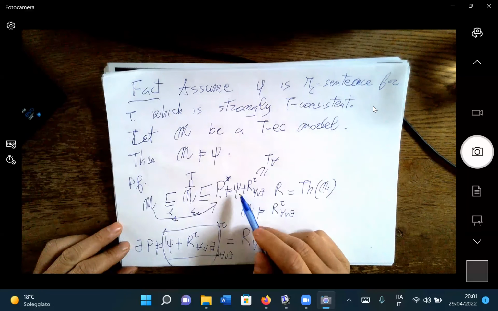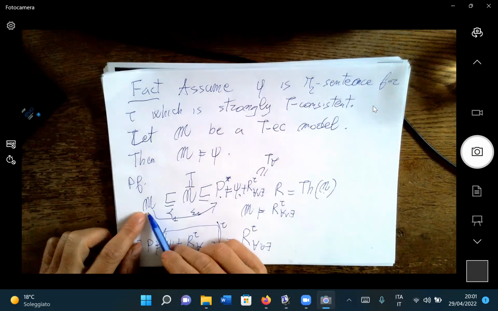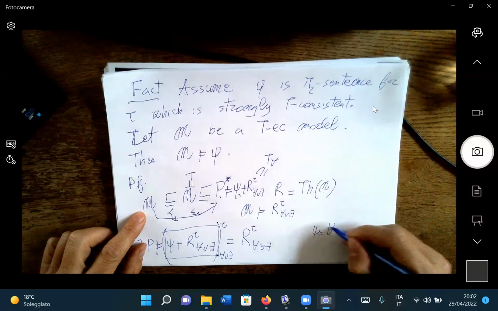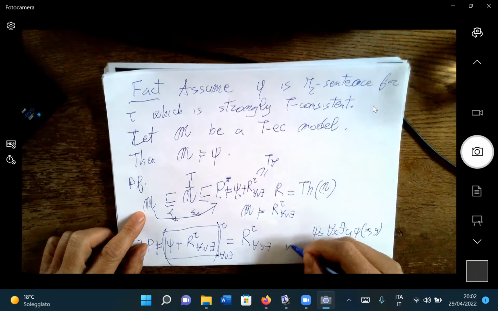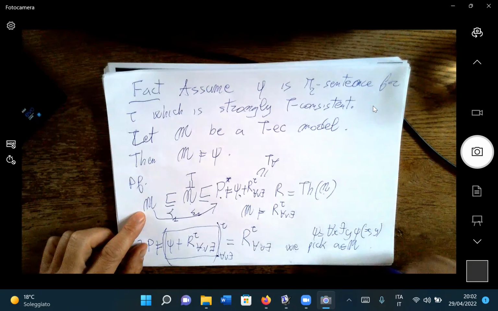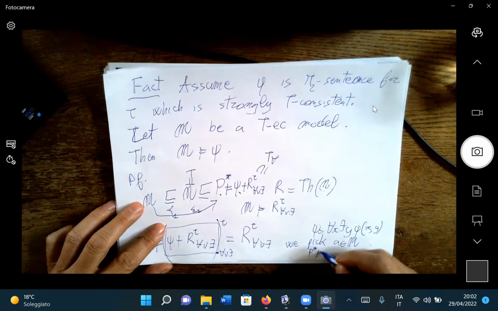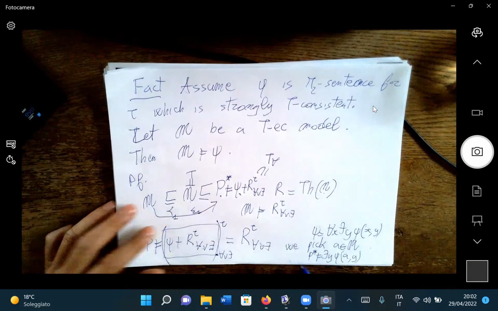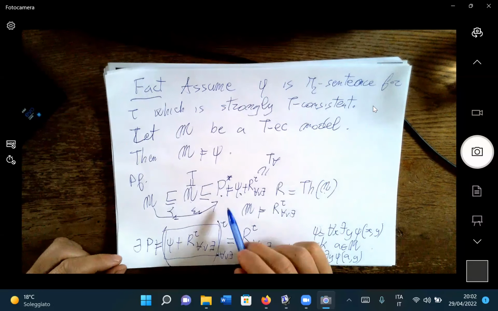We have a pi2 sentence which is true in P star. We can reflect it to M, so we get C is for all X exists Y, C of X, Y. We pick A belonging to M. Then we get that P star models exist Y, C of A, Y, and then we get that M models exist Y, C of A, Y, because we have sigma 1 elementarity.